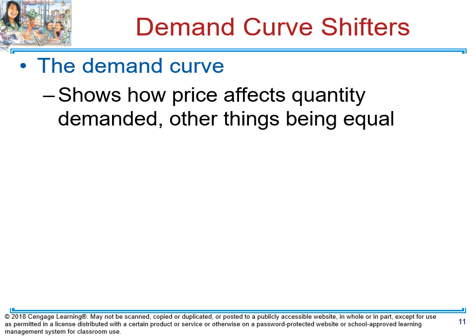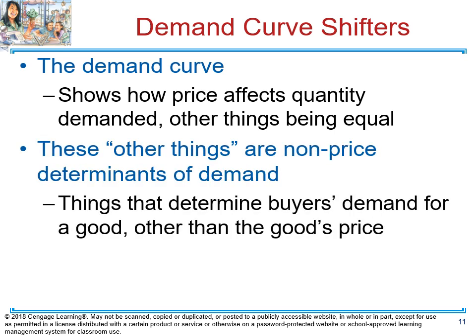What we mean by other things being equal is everything else: the level of income, the number of buyers and sellers in the market, the price of substitutes or complements for the good, the preferences of the individual, or expectations about prices in the future. All those things also matter in determining the quantities that you demand for a good, and they would shift the demand curve.